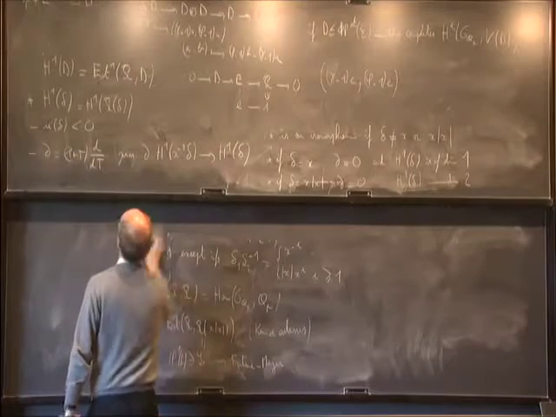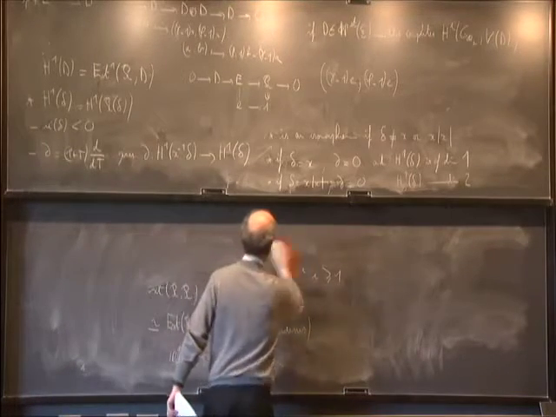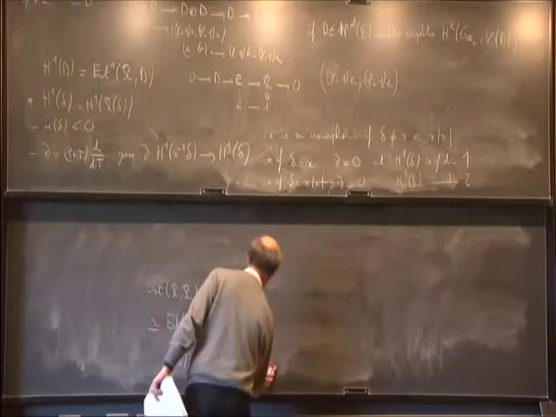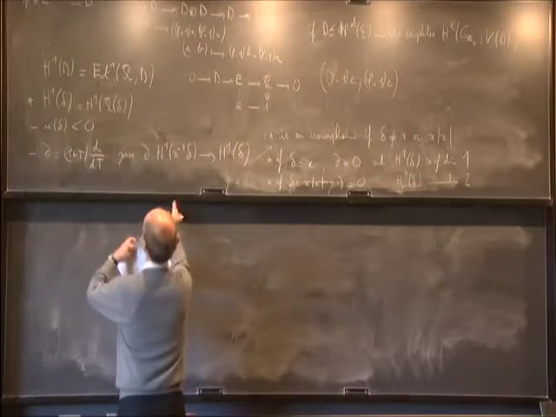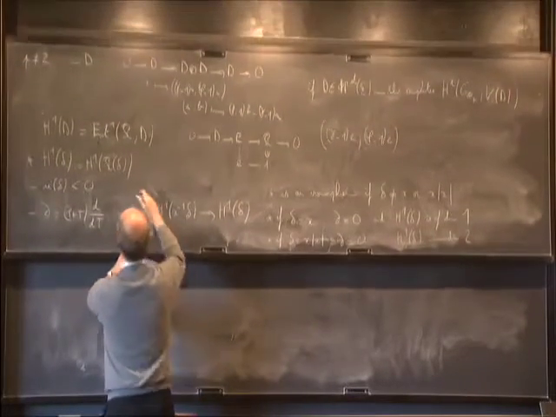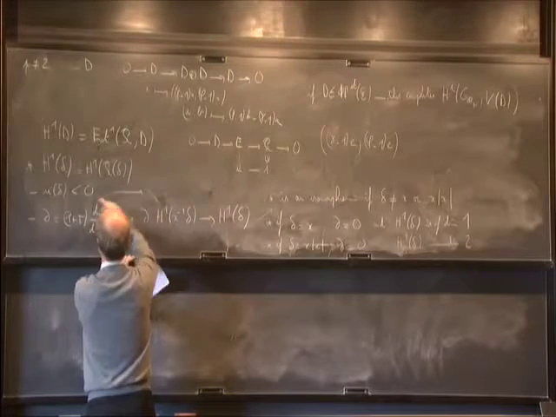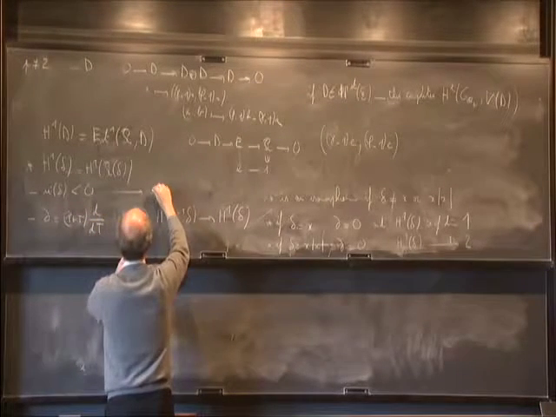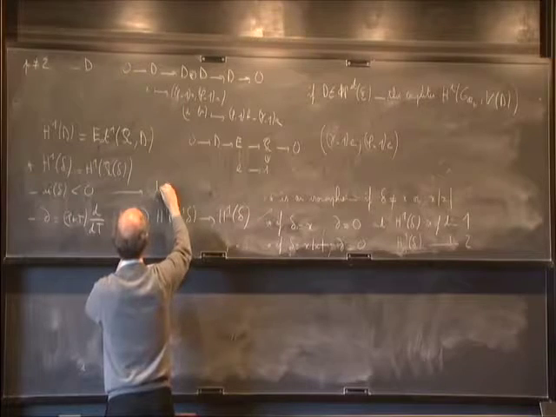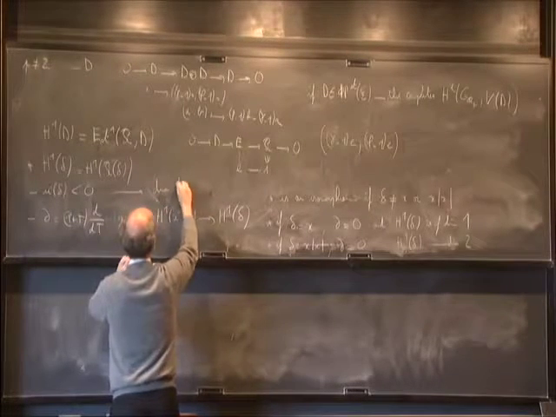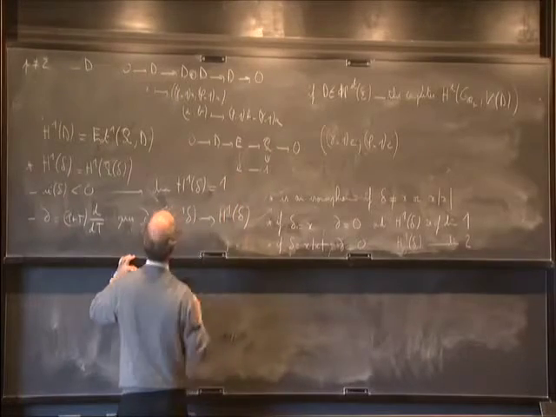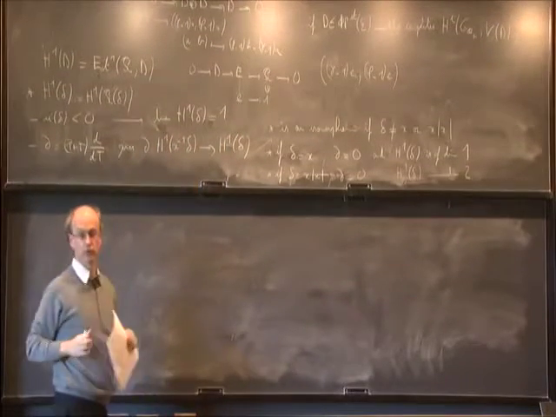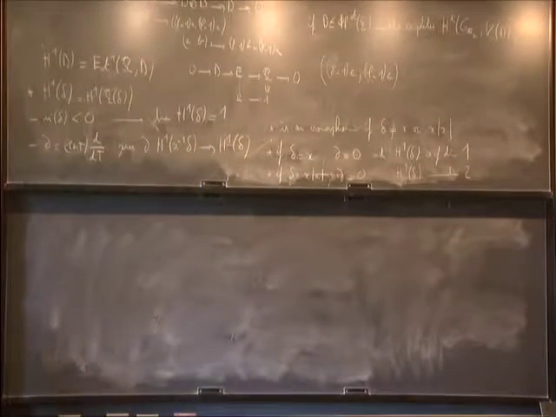So now, how do you deal with the case? What you get from this thing, if u of delta is strictly less than 0, is that the dimension of H1 of delta is 1. And I will tell you how you prove these kind of things.